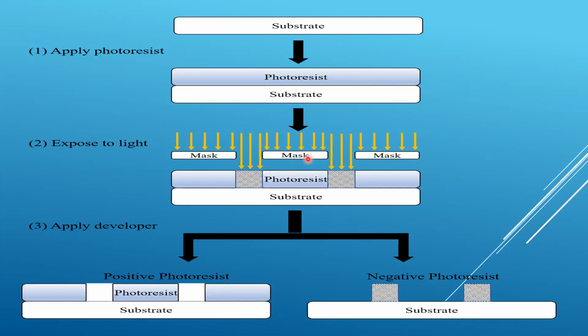Now we got it. What is left, students? The patterning of the mask on the substrate took place, by which we got the patterned product. But it is along with the photoresist, because we have not removed the photoresist. So in order to isolate the patterned product from the photoresist, we need to remove the photoresist.